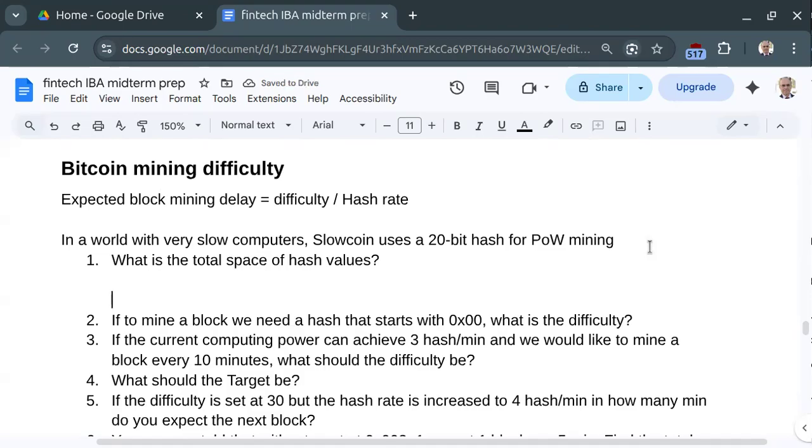So the total hash space, the total space of 20 bits, is equal to 5 hex digits.